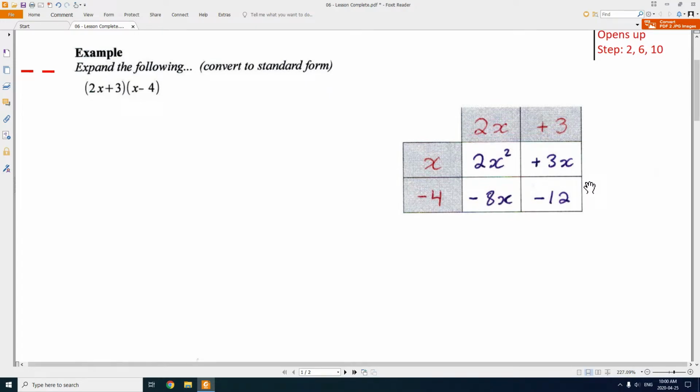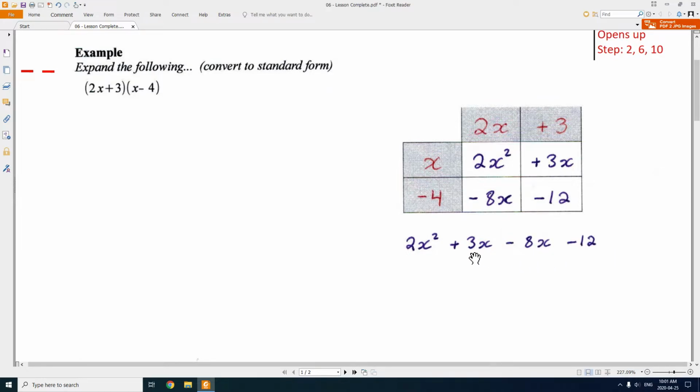All we need to do is simplify it down. I think there are some like terms there. So we'll rewrite it one more time, and then we're done. It's really no different than when we were expanding before. It's just that the extra coefficient is still sticking around. 2x times x is 2x squared. So let's rewrite it one more time here: 2x squared plus 3x minus 8x minus 12.